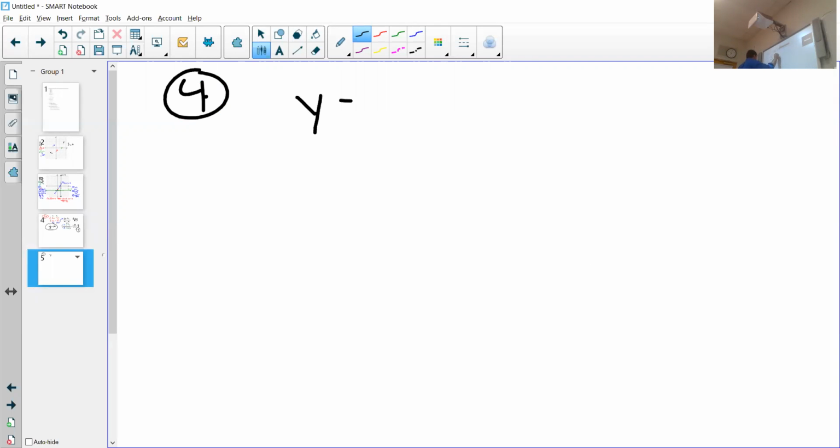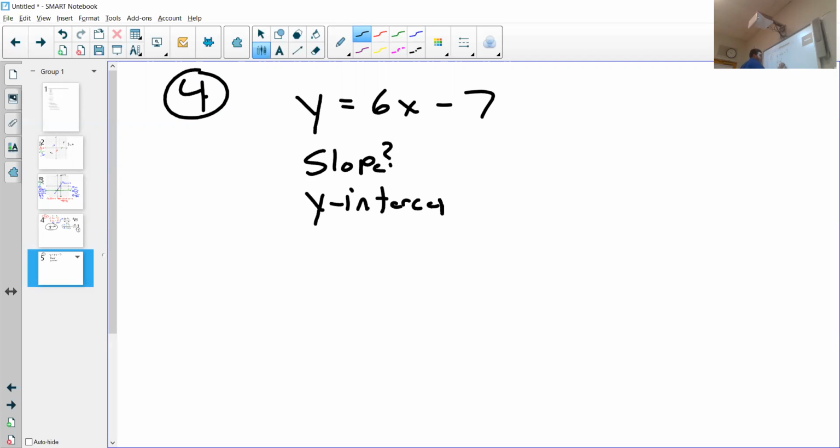For the line y equals 6x minus 7, what is the slope? And what is the y-intercept? Which is A and B respectively. So that's the question we have. So how are we going to do this?